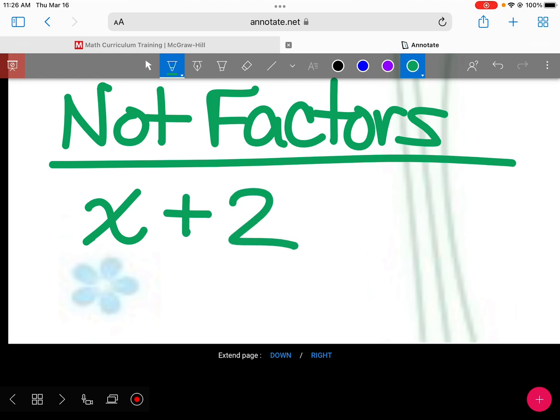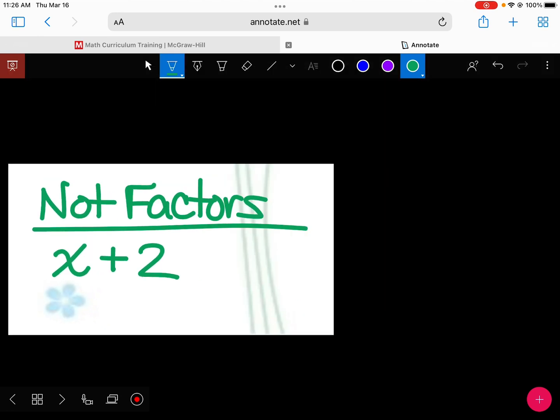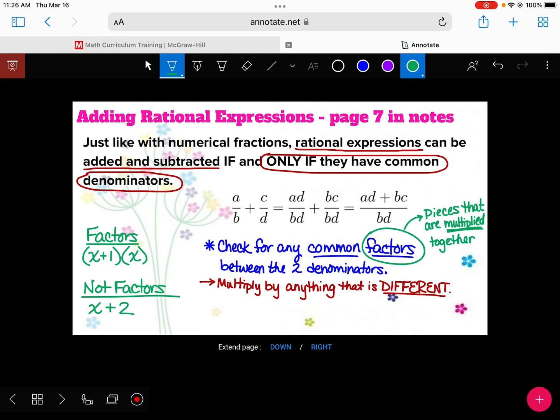Something like x plus 2, that is not a factor. Why is x plus 2 not showing me factors? There's nothing that's being multiplied there.